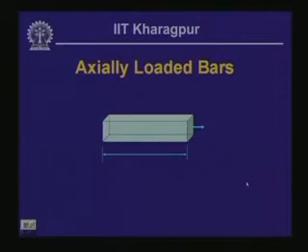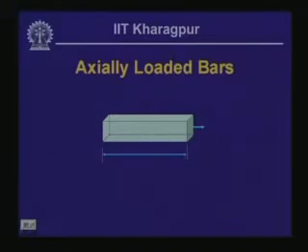Well, as we have seen earlier, when a bar is subjected to axial pull, we have computed the stress which we have defined as the normal stress, the stress which is normal to the cross section of the bar, and the load is acting perpendicular to the cross section through the axis of the bar.